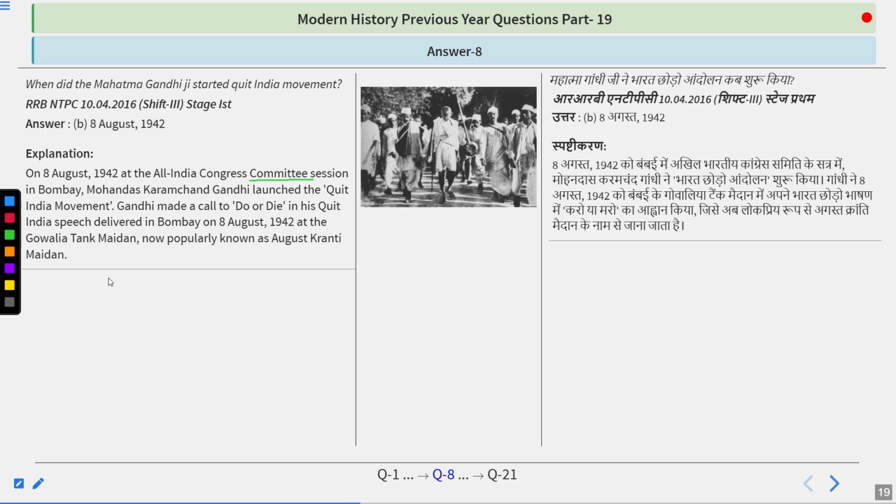So if we think about it, after just one day, on 9th August, the Zero Hour was started by the Britishers, and all the major leaders were sent into different jails in India itself. And this movement became a leaderless movement, not like the non-cooperation movement.